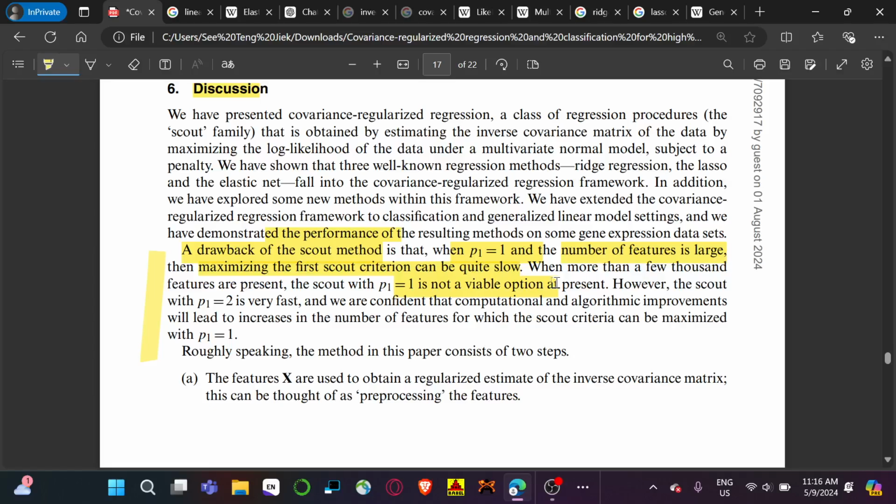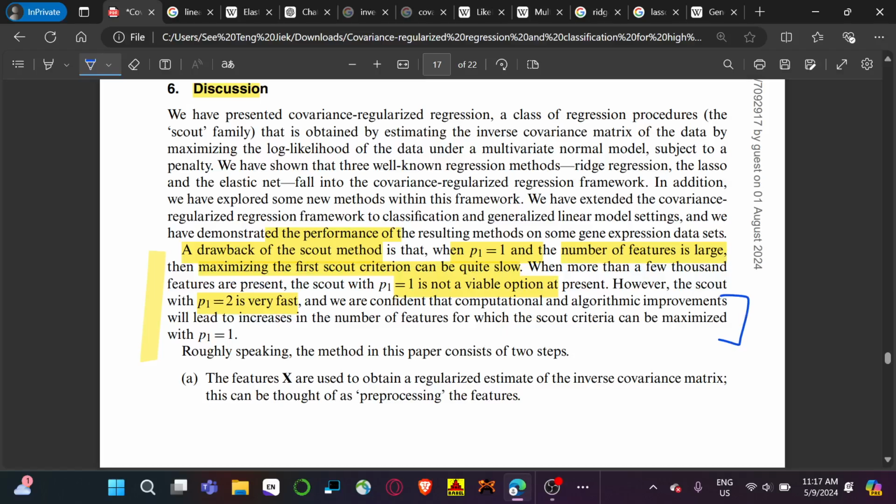So it's not efficient in that sense. You can just say that out loud. However, Scout with p1 equals 2 is very fast, and we are confident that computational improvements will lead to increases.